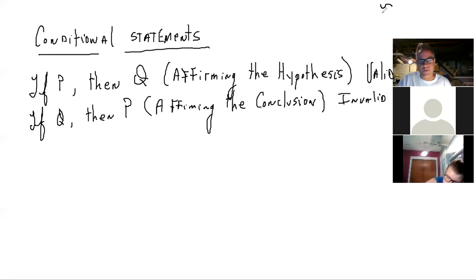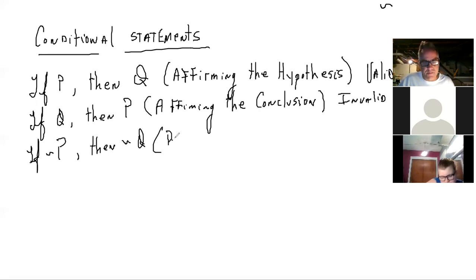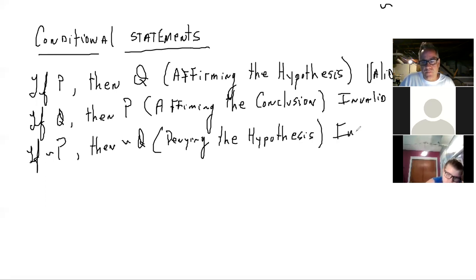Now I'm going to use the tilde, the not. If I state if not P, then not Q, this is referred to as denying the hypothesis, and this also is invalid.